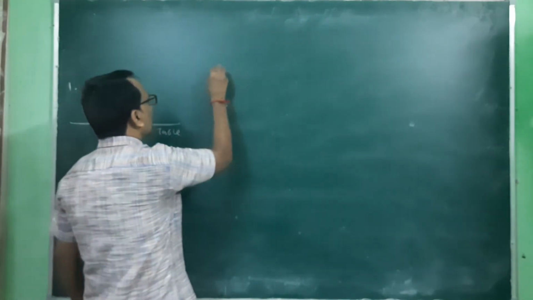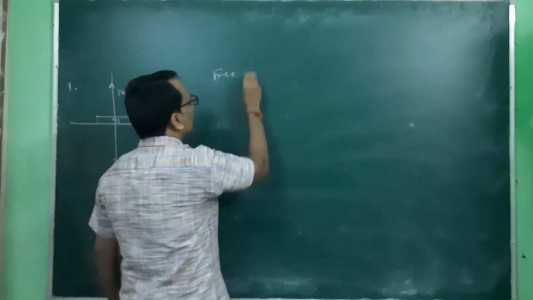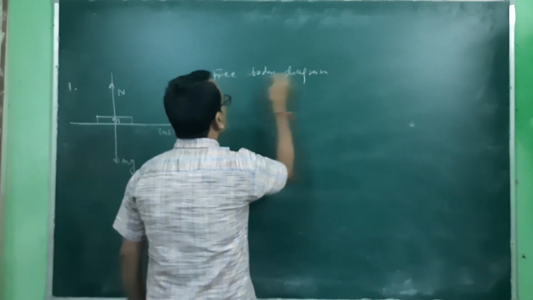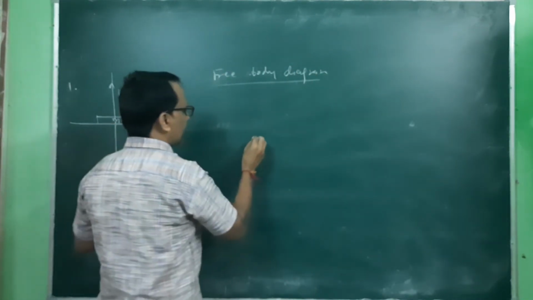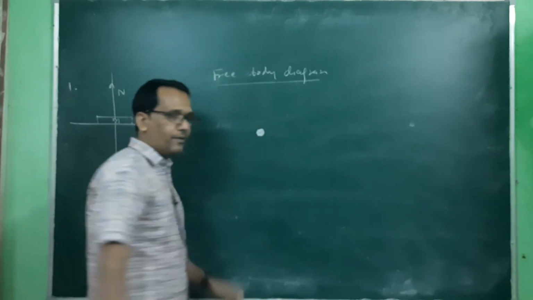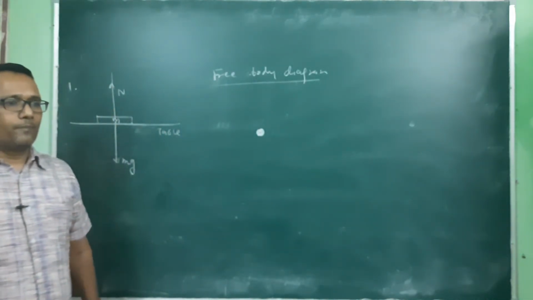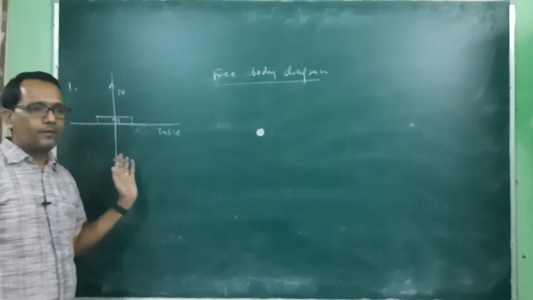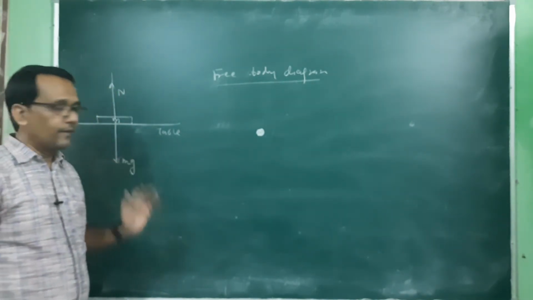Now let us have its free body diagram. In the free body diagram, this book is taken as a point. This is that point. मैंने कहा था कि ऑब्जेक्ट को हमें पॉइंट की तरह लेना है. And the forces are taken in vector form.